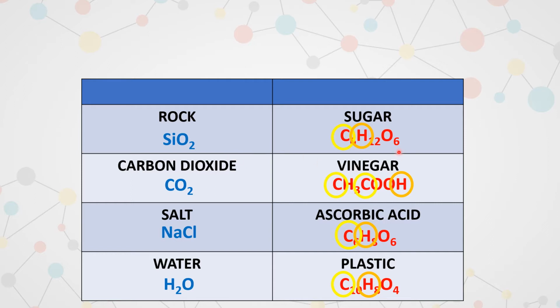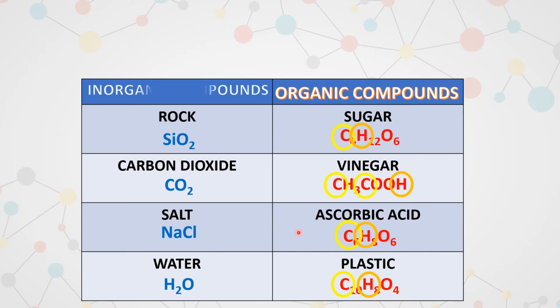Okay, so sugar, vinegar, ascorbic acid, and plastics are considered to be organic compounds. And rocks, carbon dioxide, NaCl or salt, and water are considered to be inorganic compounds.